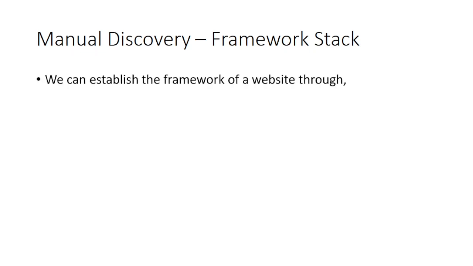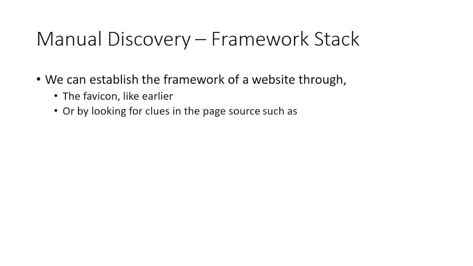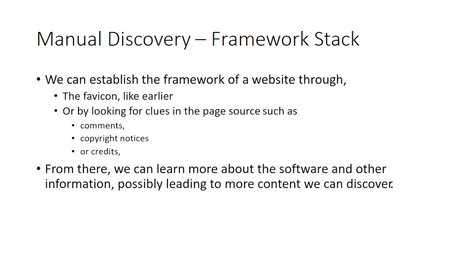Once the framework used has been discovered, either by using the favicon like earlier, or in the page source, such as in comments like in the previous video, or in copyright notices or credits, then we can locate the framework website.